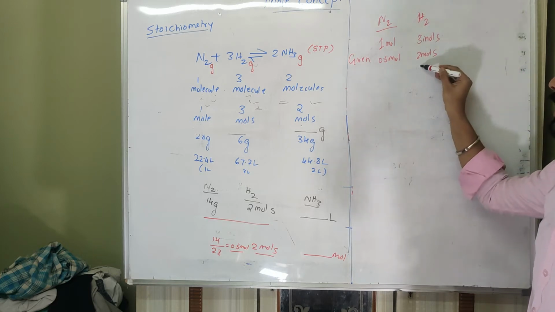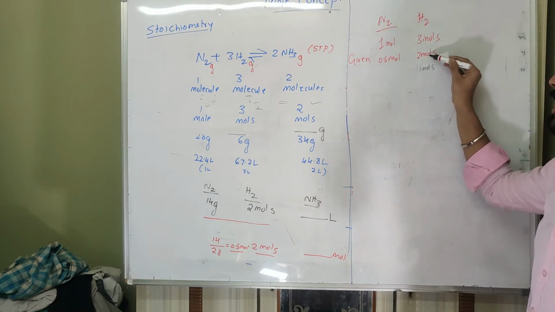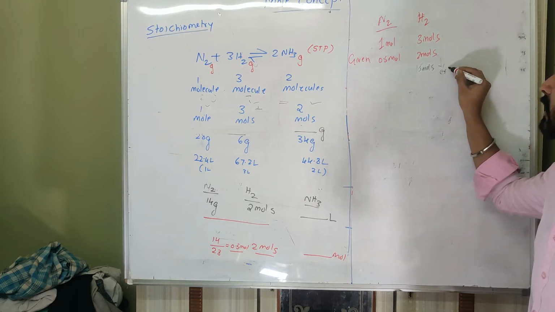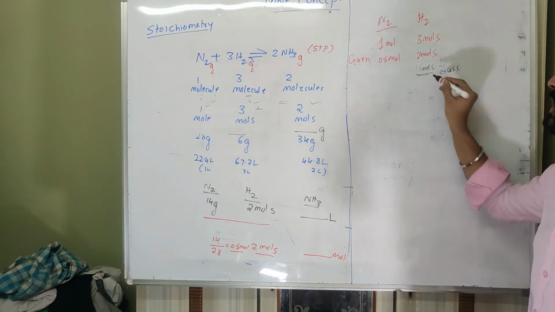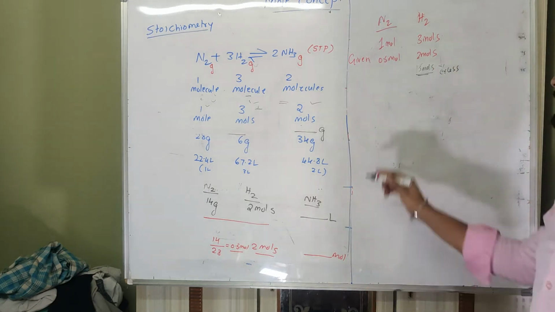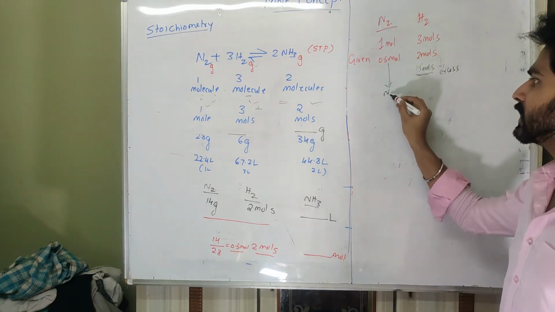So 1.5 moles of hydrogen are needed, and the given data is more than that. That means hydrogen is already given in excess; whatever is needed is already there. So nitrogen is the limiting reagent.